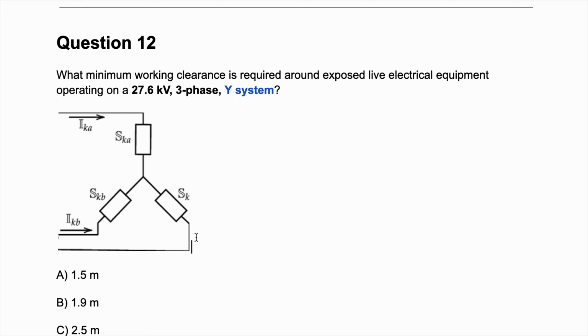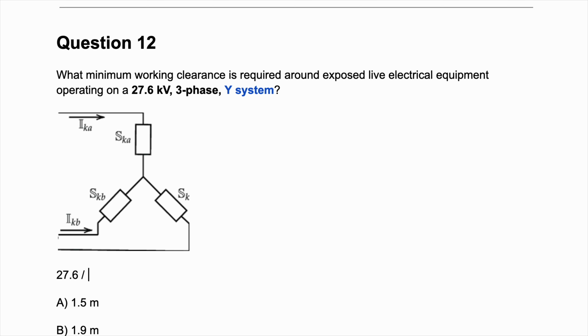Because your body is grounded, you need to be careful about these exposed conductors, because this part is at the same level of voltage as you. So because of that, we don't need to use this level of the voltage.